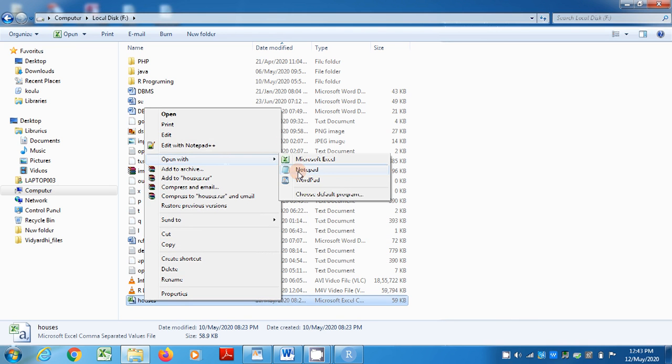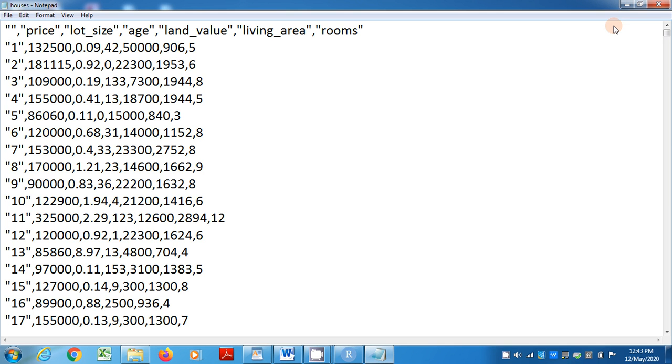Opening it with Notepad, you can see the price, lot size, age of the house, land value of the house, living area of the house, number of rooms in the house, and total price of the house, right? In our lecture, we try to find the price value of the house using linear regression.